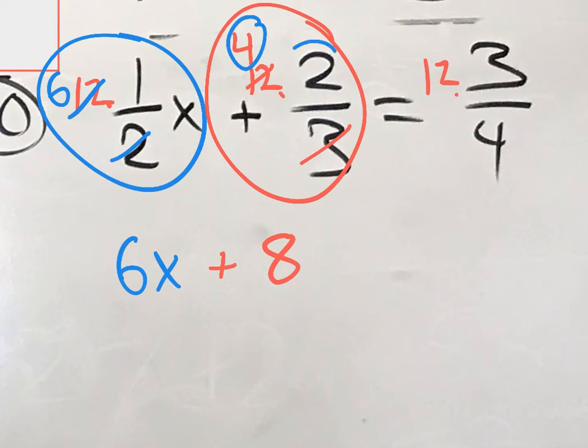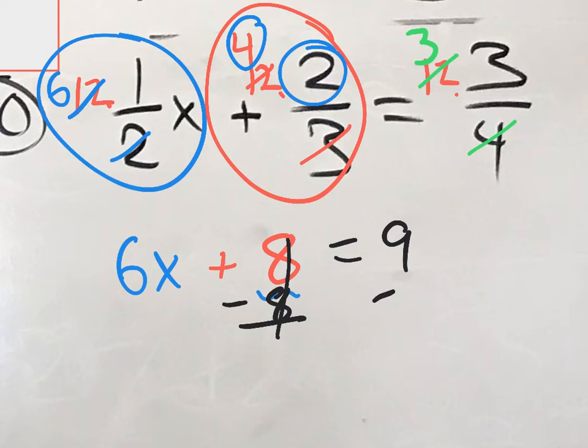Because the 4 times 2 gives you the 8. And then on the last one, the 12 up on top cancels with the 4. You end up with the 3 left. So you end up with equals what? Equals 9. So there's your problem. 6x plus 8 equals 9. You're going to subtract 8. Subtract 8. You're going to end up with 6x equals 1.